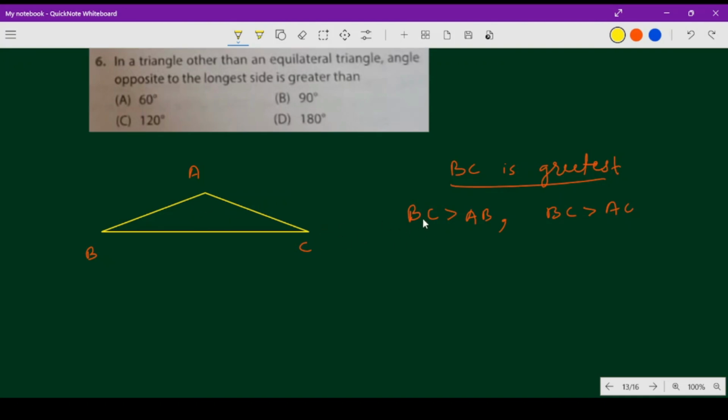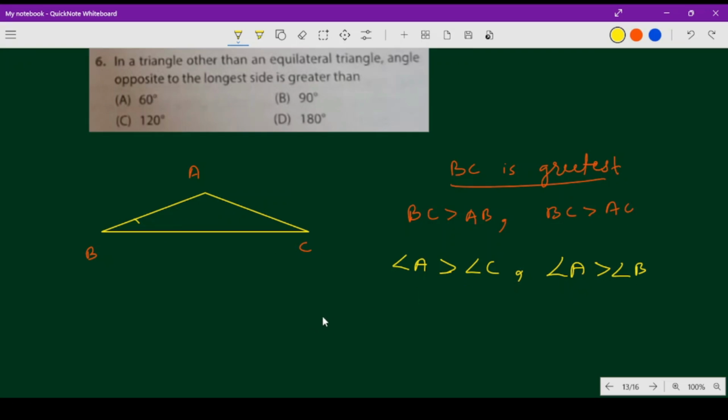So the angle opposite BC is angle A, which means angle A is bigger than angle C, which is opposite side AB. The same way, angle A is bigger than angle B, which is opposite side AC.